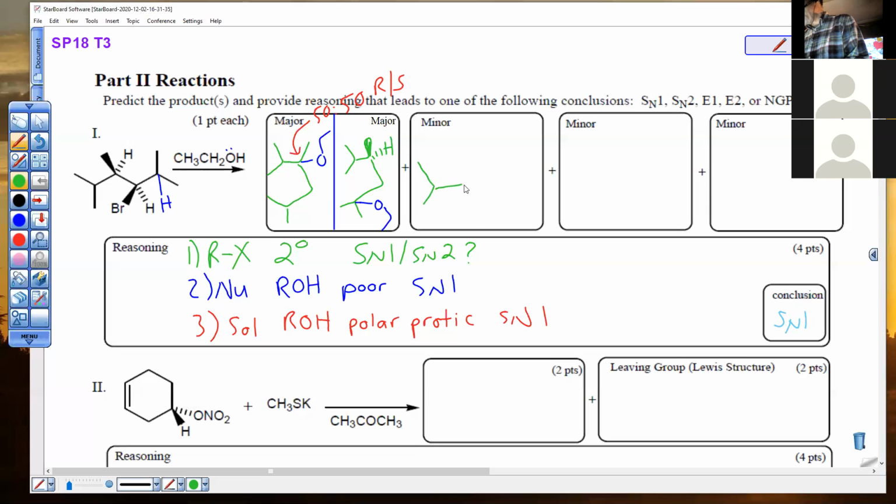You won't get as much because it's from a secondary carbocation. Not as stable. And it has an isopropyl here and an O-ethyl here. Same comment. You don't even have to rewrite it. It's there.